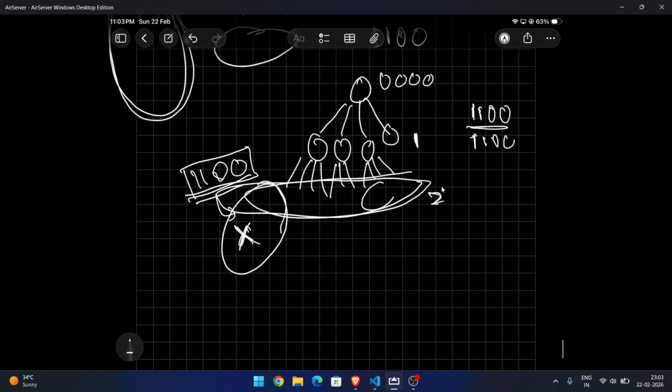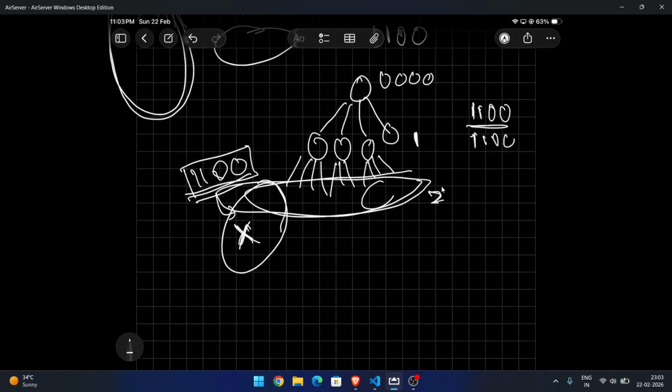Now, what would be the new time complexity? First, for every state we are iterating. The numbers are 0, 0 to 1, 1, 1, 1, so that would be 2 to the power n.